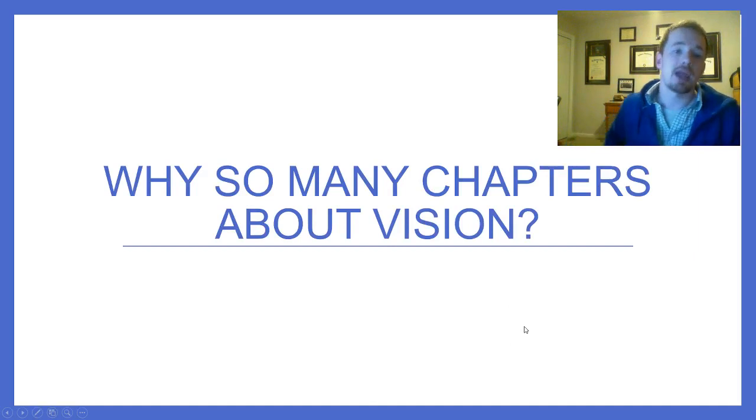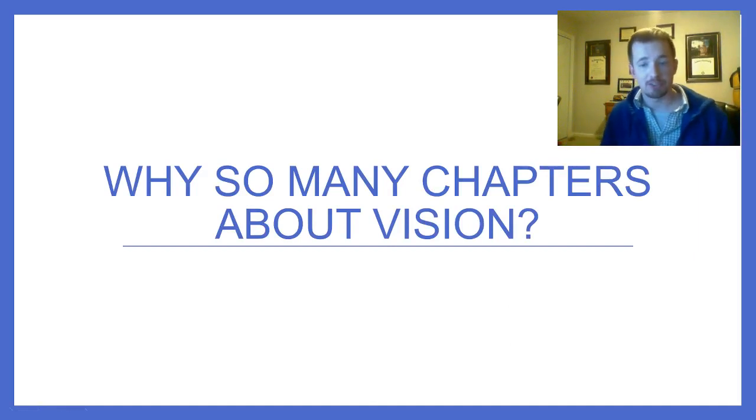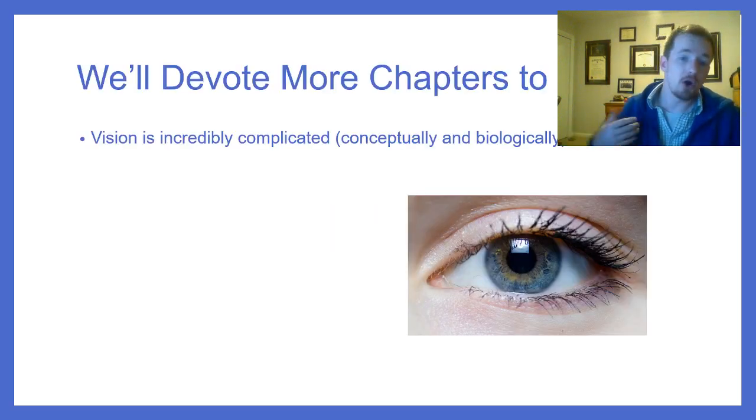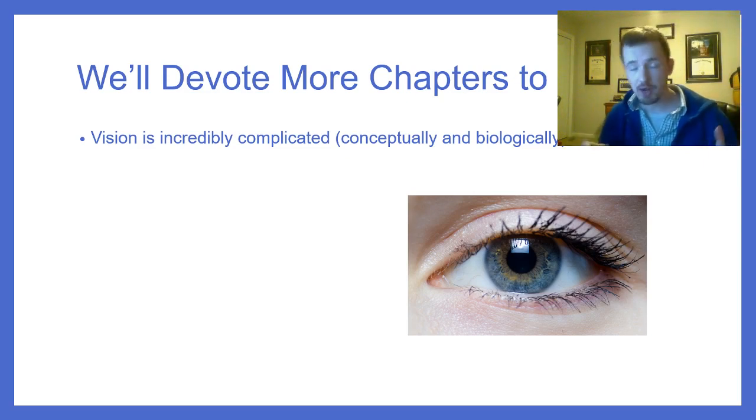So, why do we have so many chapters about vision? Like I mentioned just a minute ago, we are going to be talking about the eye from here until Chapter 8. It's because we are basically visual creatures. What does that mean? It basically means that we interact with the environment mostly through a visual medium. Not every animal does this, right?